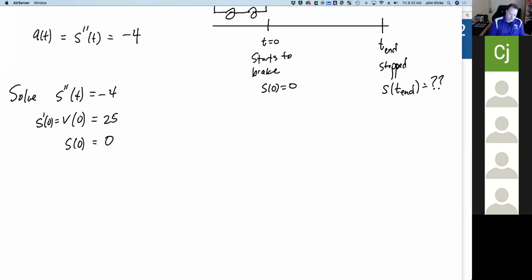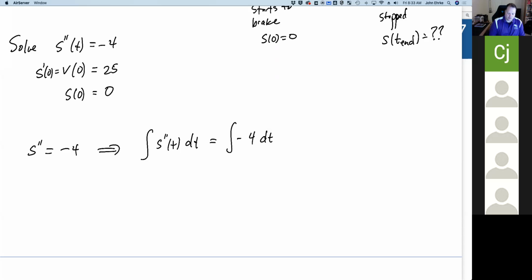So let's do that. If my second derivative is -4, I take the antiderivative of both sides with respect to t, because t is the independent variable. Then the antiderivative of S double prime is S prime, which is velocity, equal to the antiderivative of -4, which is -4t, because I can just pull out the -4 and take the antiderivative of dt, which is just t, plus a constant.